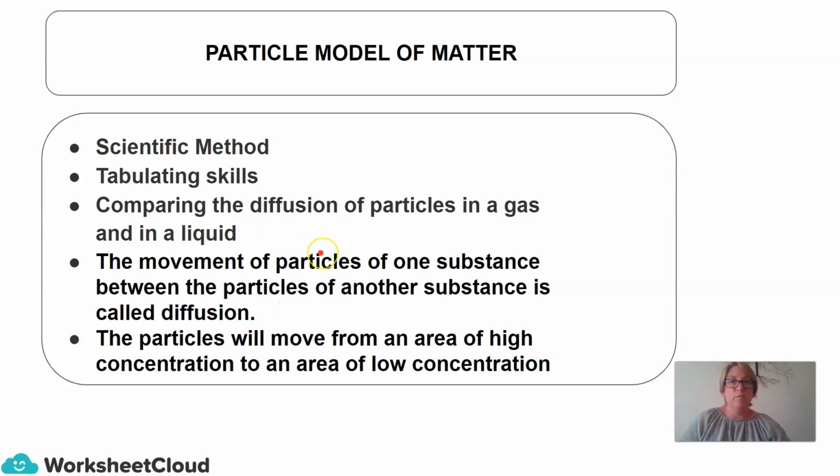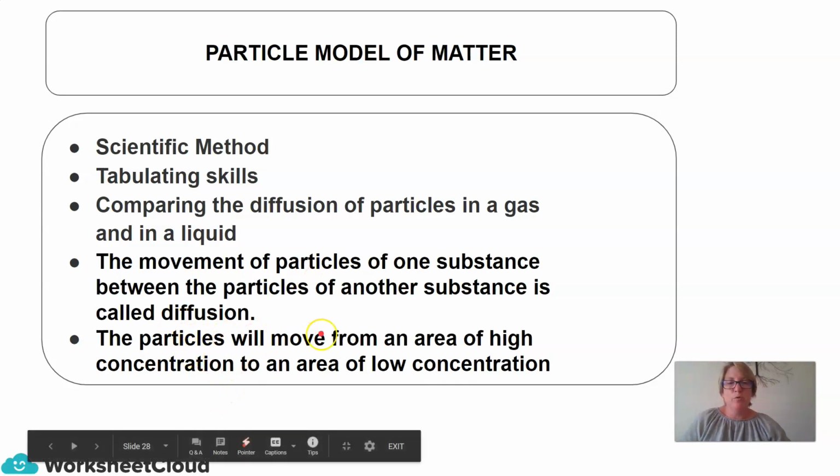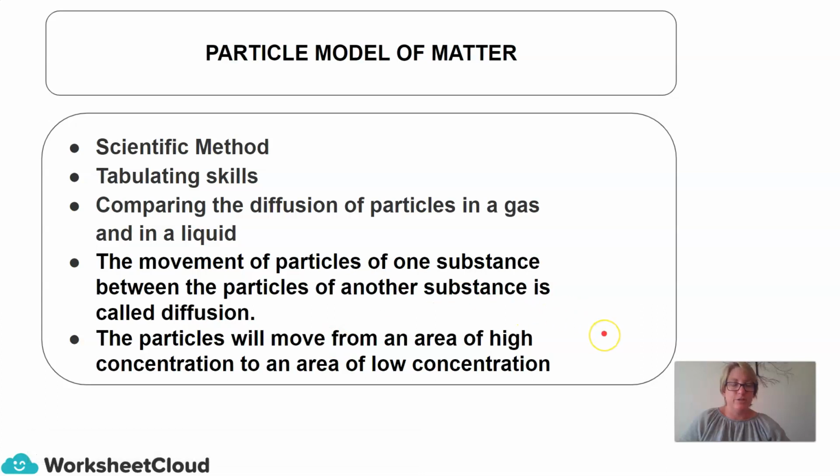So we looked at the movement of food coloring or dye through water in a liquid. And then in a gaseous state, we had a look at essential oils or vanilla essence and how it moves through the gas particles in the air. So basically, particles will move from an area of high concentration to an area of low concentration.